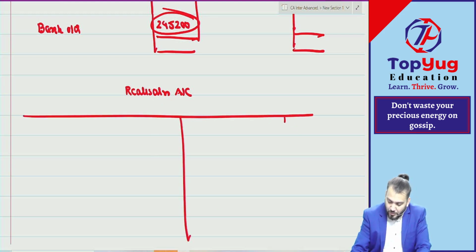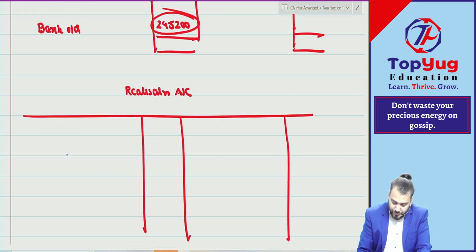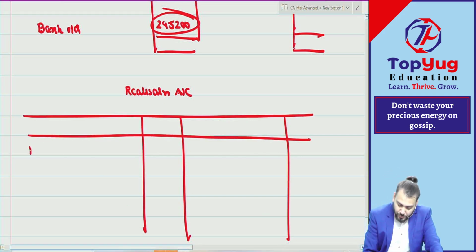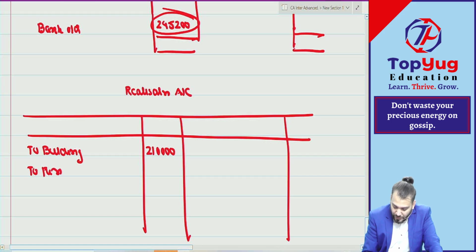Can you give me one by one each asset? We start with what? To building, 2,10,000. Then to furniture, 35,000.